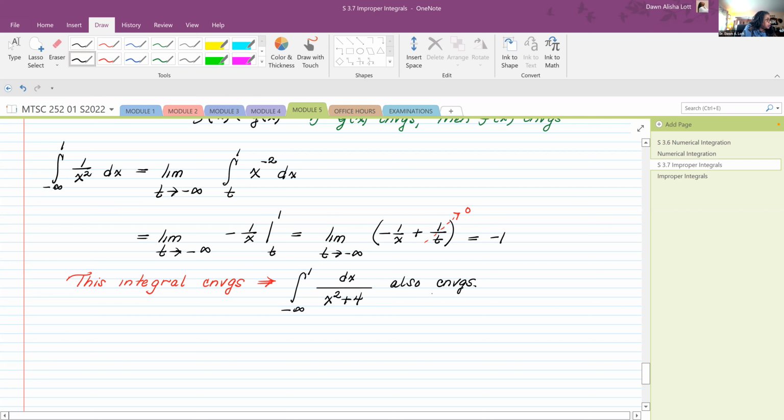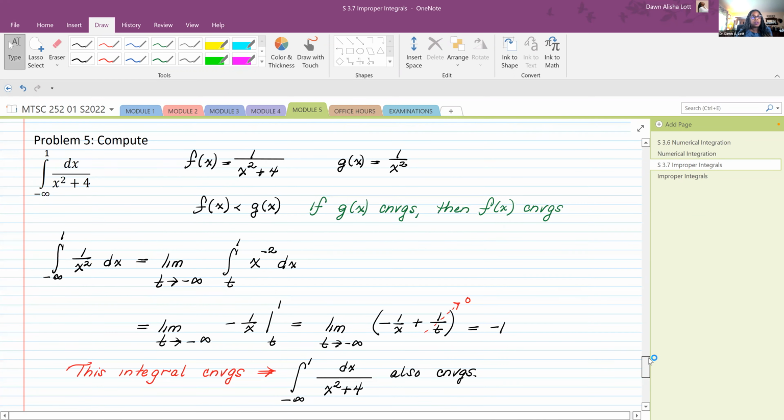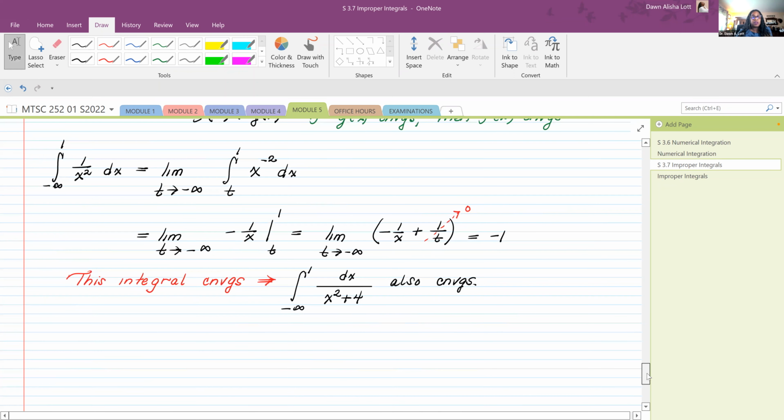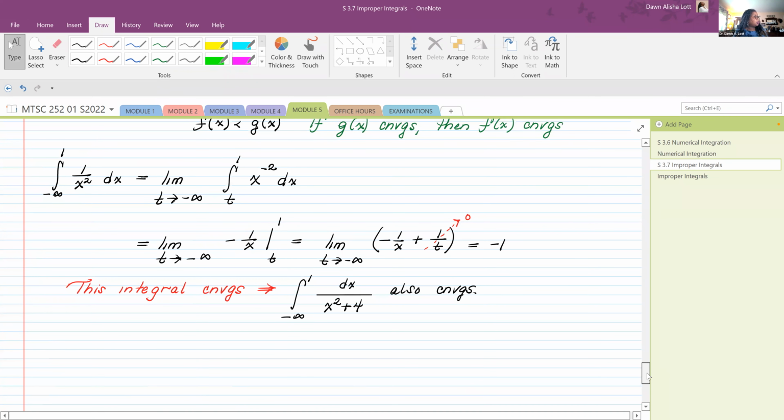Okay, so that is the comparison theorem. Any questions about that? So if you can make it bigger than something that diverges or smaller than something that converges, then you can use the comparison theorem.